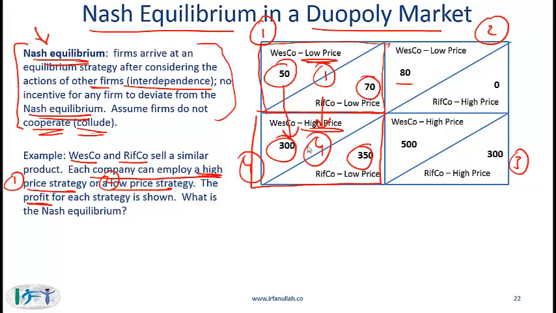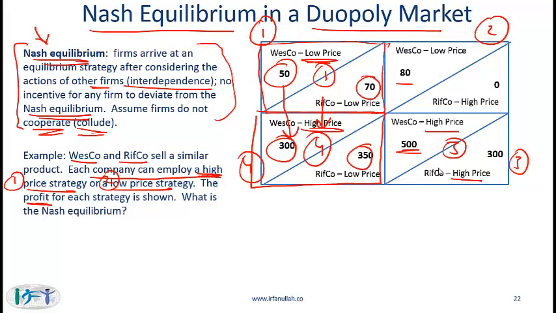So clearly it makes sense that if for some reason the two companies start out at 1, they will move to box 4. Now what if for some reason both companies started out with a high price strategy, so box 3? In this particular case, Wesco is quite happy because Wesco has a profit of 500, so Wesco will not want to change. But what about Rifco? Rifco realizes that by reducing their price, they can actually increase their profit.